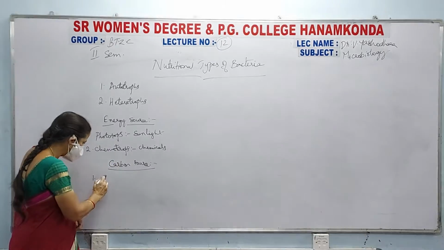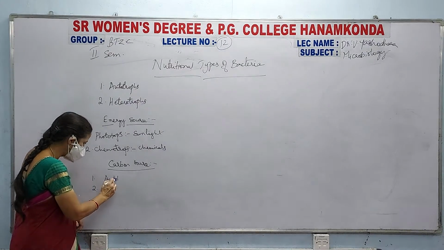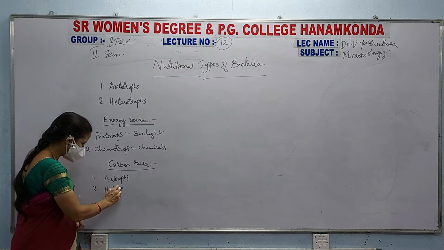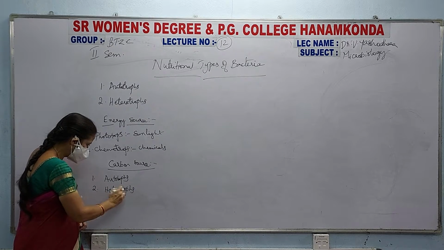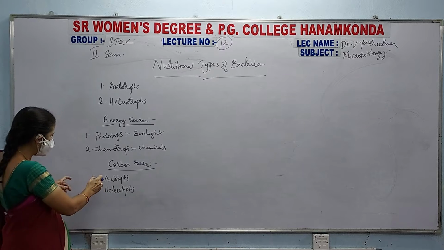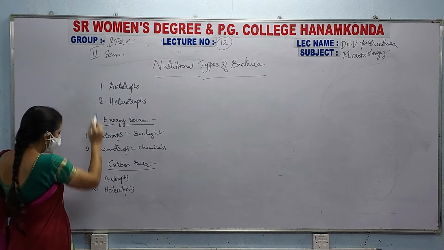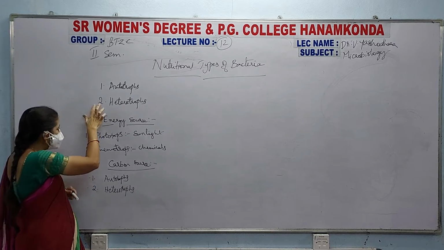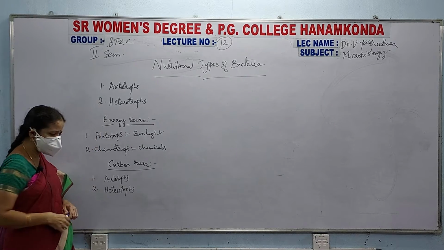Based on the carbon source, they are autotrophs and heterotrophs. Again, I am repeating the same thing: autotrophs, heterotrophs. The same classification I am giving is based on the carbon source.